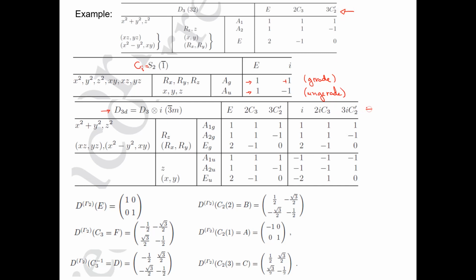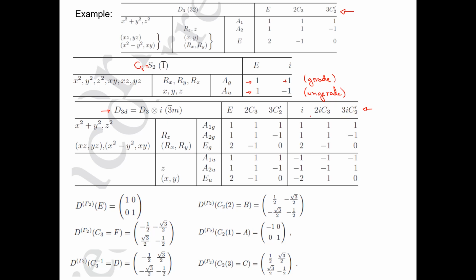So we have an extra set of classes, 3 classes. You have originally 3 classes, now we have a total of 6 classes because you combine the original classes with the inversion. All right. So IC3 is an improper rotation, and IC2 prime is a reflection plane.